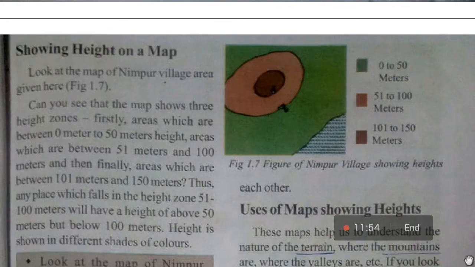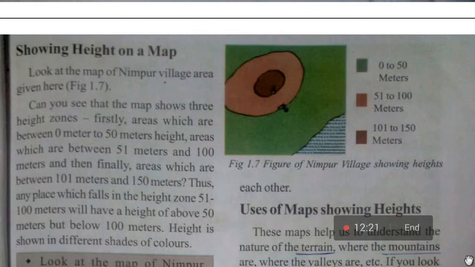See here, the green color. What is the green color? Green color is showing the 0 to 50 meters. The places in this green colored area are between 0 and 50 meters height. Maximum height of the green color is how much? 50 meters height from the sea level.